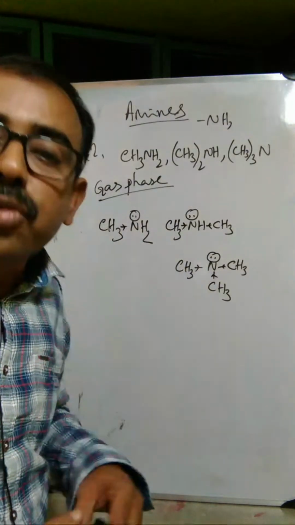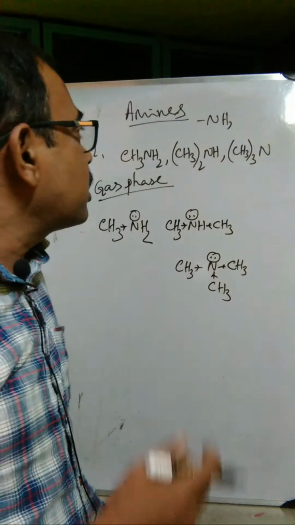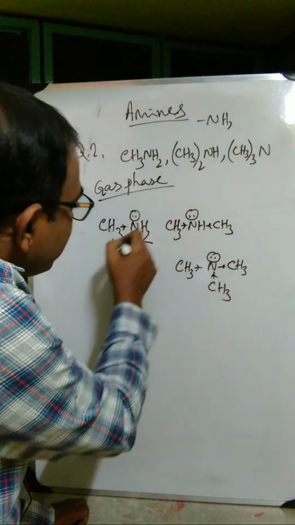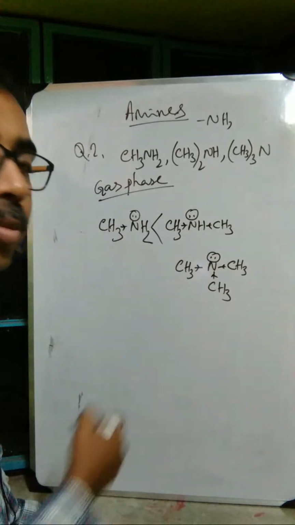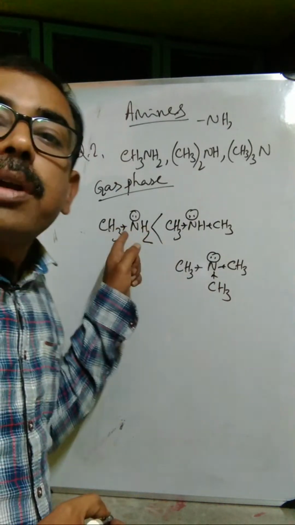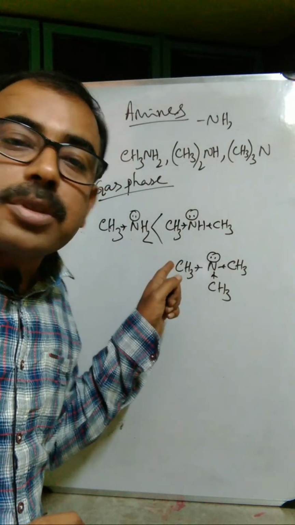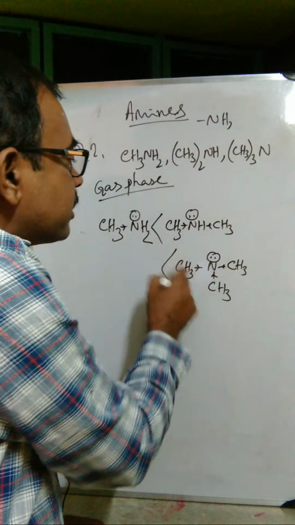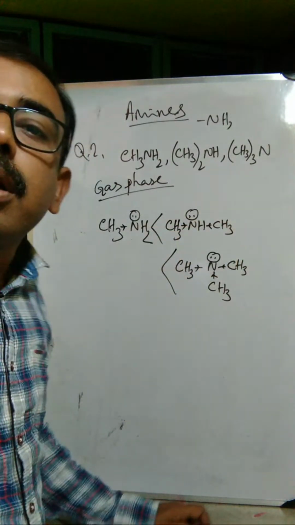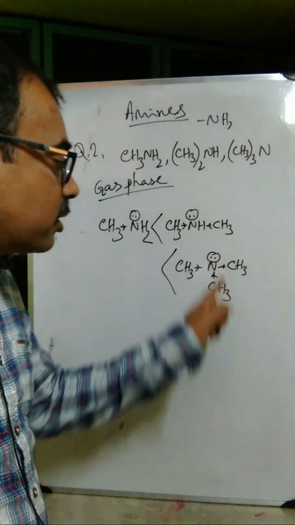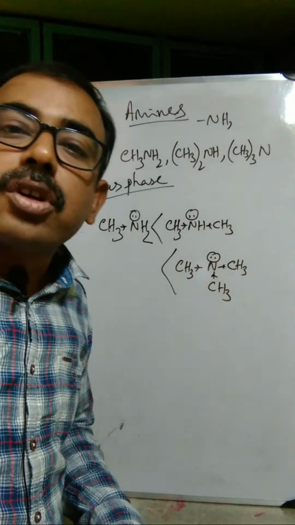So the increasing basic strength means from smaller to higher. This one will be the smallest, with the smallest electron density and smallest tendency to donate lone pair electrons, as only one CH3 group is there. This one will have greater electron density on nitrogen as two CH3 are present, and this one will have the most electron density on nitrogen as three CH3 groups are present.